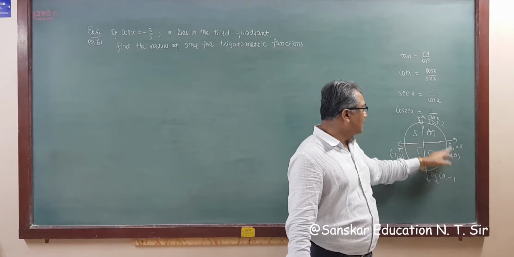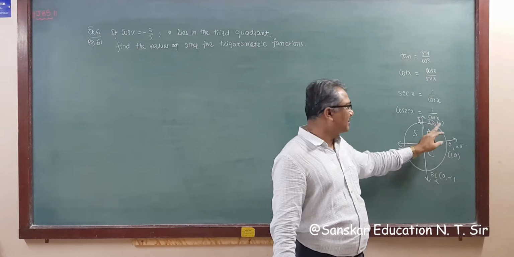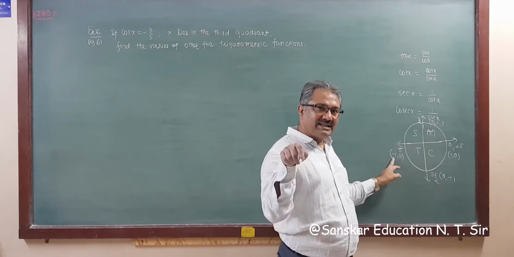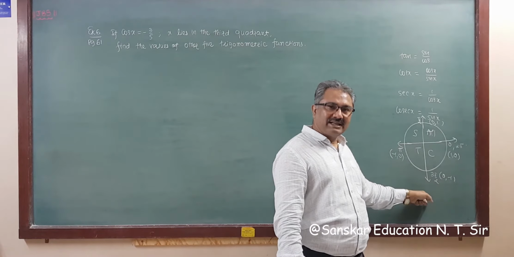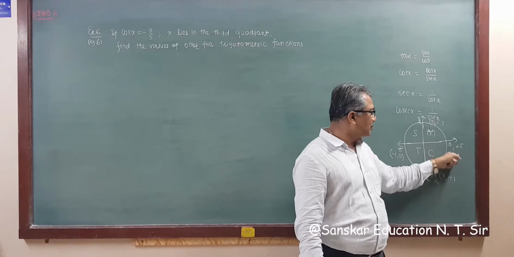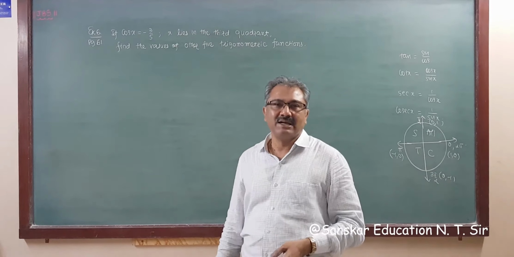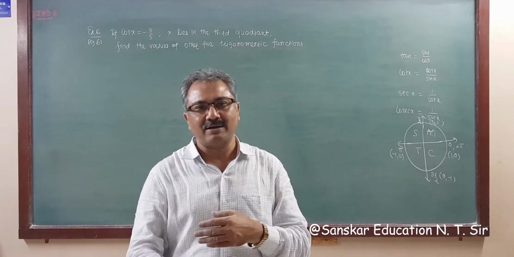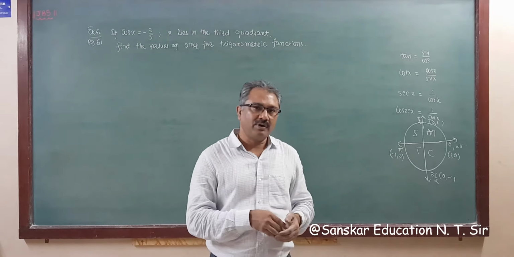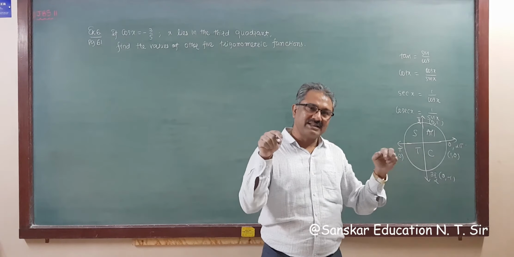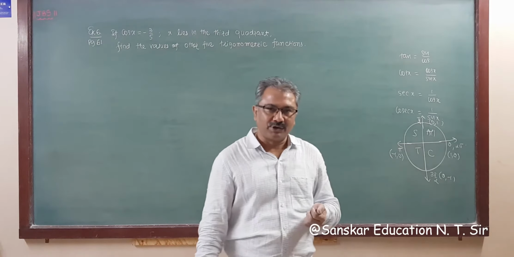And for cos, 1 to 0 means it is decreasing in first quadrant, 0 to -1 again decreasing in second quadrant, in third quadrant -1 to 0 that is increasing, and fourth quadrant 0 to 1 that is increasing. So cos is decreasing in first two quadrants, and in third and fourth cos is increasing. Now you also know tan is increasing in all quadrants and cot is decreasing in all quadrants, right?